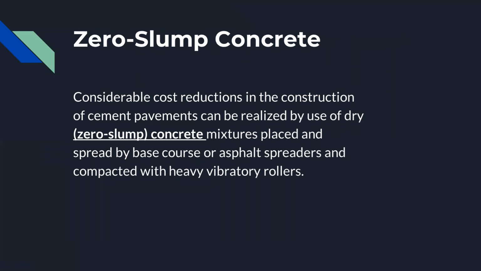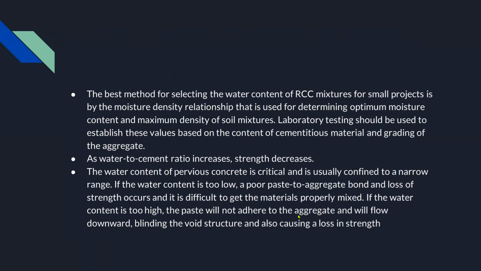Again, under ng zero-slump concrete, considerable cost reductions in the construction of cement pavements can be realized by use of dry or zero-slump concrete mixtures, placed and spread by base course or asphalt spreaders, and compacted with heavy vibratory rollers.